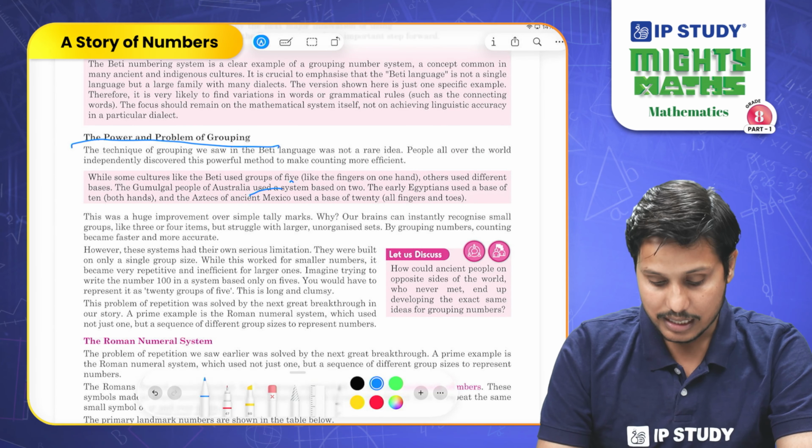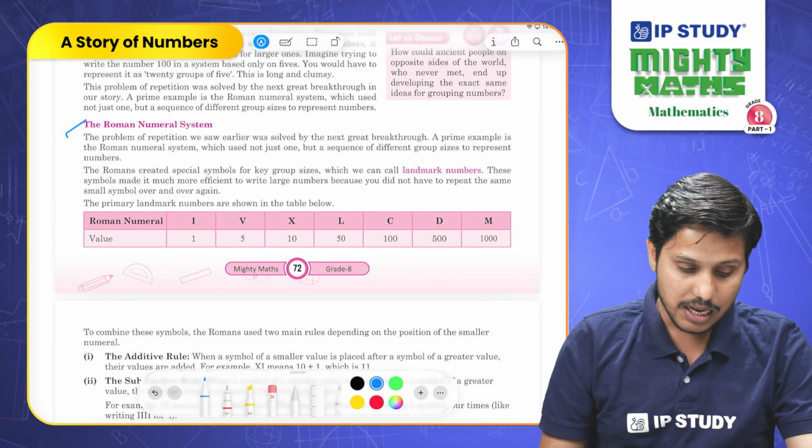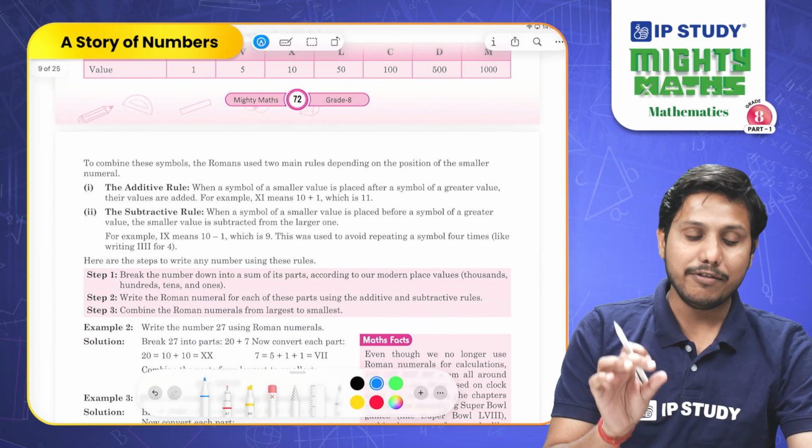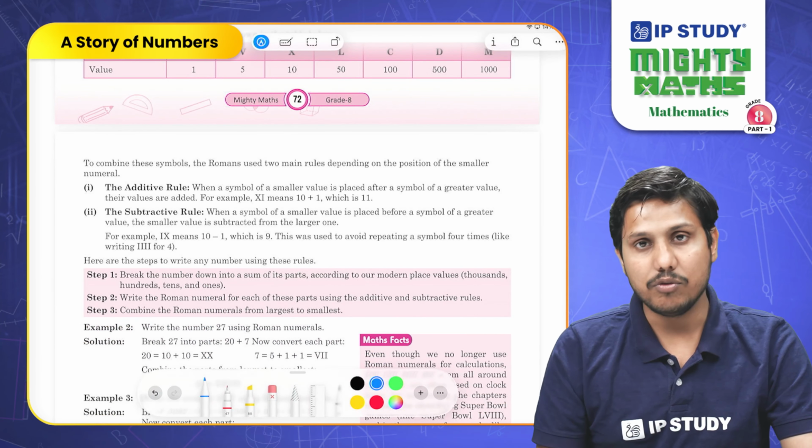Now next is the Roman numeral system. Now the Roman numeral system, which we discussed earlier, we have seen that we use symbols to write the numbers. Now we'll understand how this works. It was based on additive and subtractive rules, where in order to form numbers, we use landmark symbols.